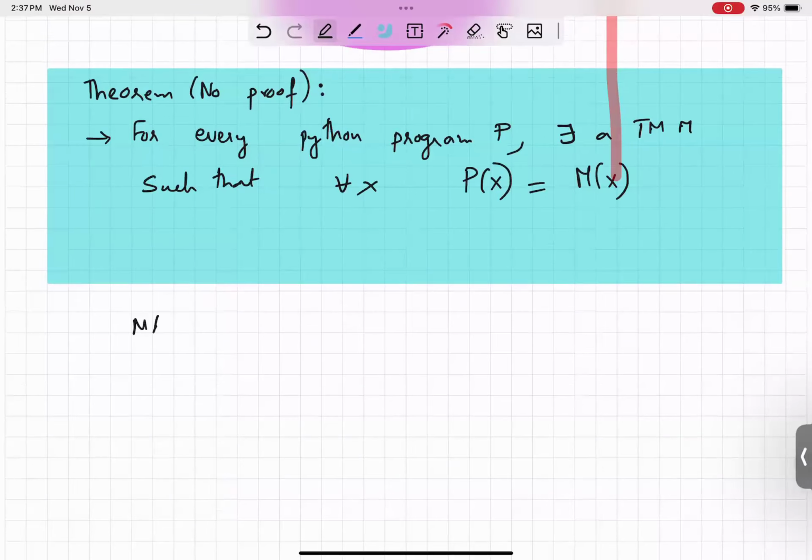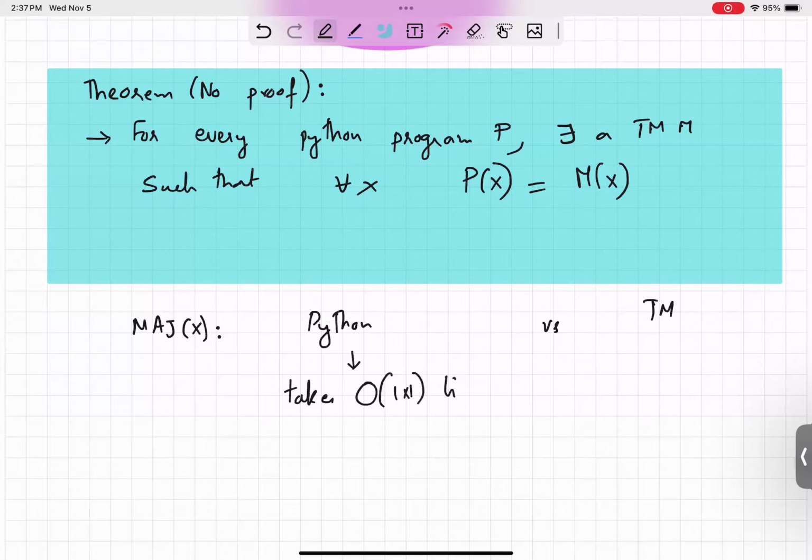Okay, so majority of x, Python versus Turing machine. How about the Turing machine? How much time does it take? The one that we wrote down. Well, you read a bit, you have to go all the way potentially and then come back.